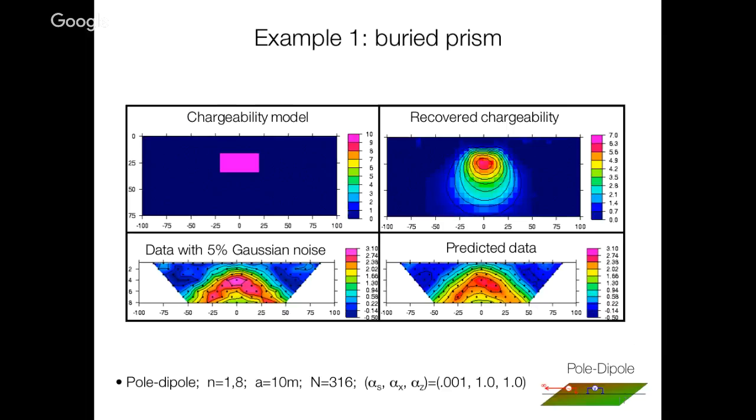But the colors or the values are different recovered, and the bottom is that one because the value of that chargeability model is 10 for that. Right. Yeah. And the other one is the 7. A 7. Yeah. Is the same in DC?